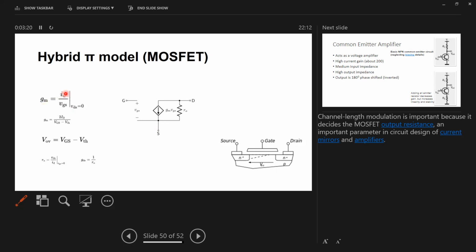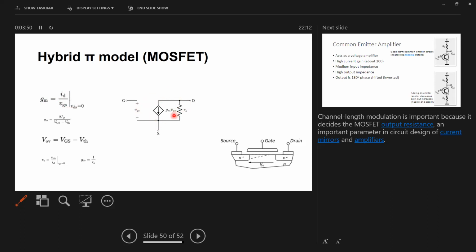Your output current is ID, the input voltage is VGS, and the output side of the circuit is kept shorted, that is VDS is equal to 0. For VDS equal to 0, this ratio of current over voltage is your transconductance. Remember, I'm using small letters, which means I'm referring to the AC model and AC analysis.